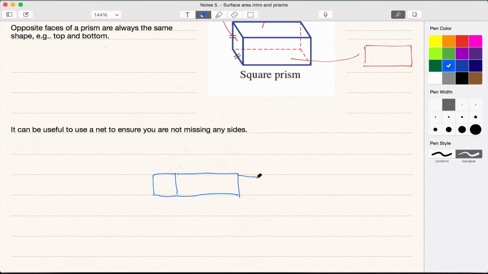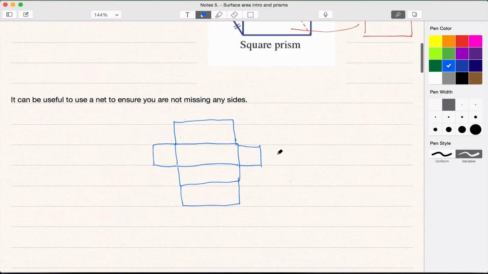I'm drawing this freehand. It would normally be straight sides. You'd have two square sides and then four of these rectangular sides to make up the four sides going around the square.